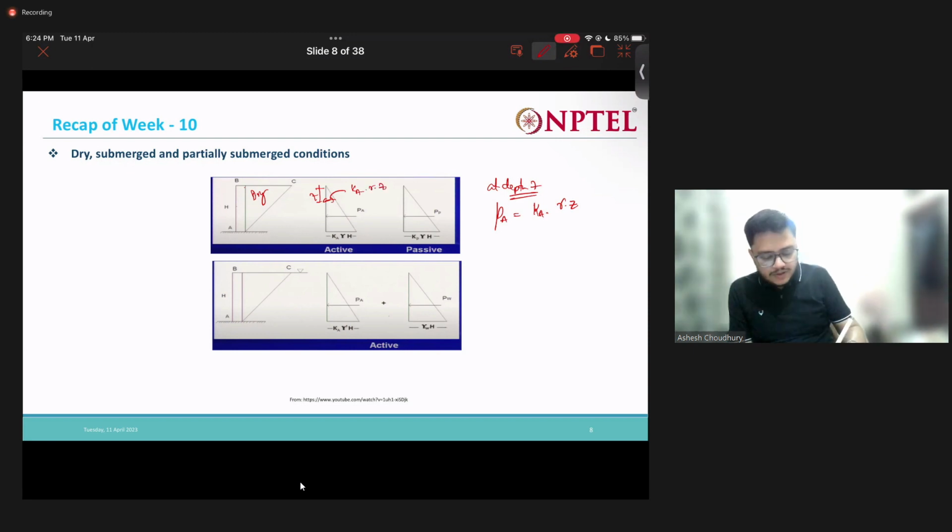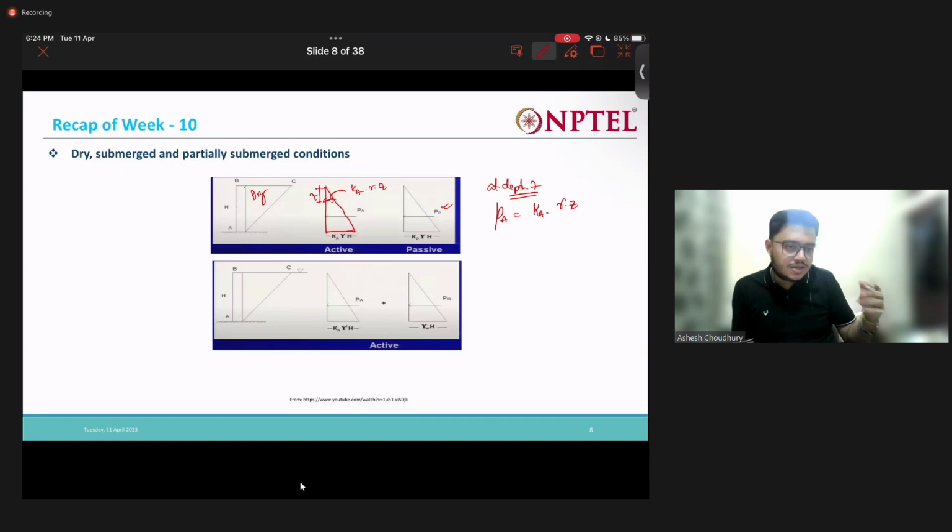Similarly the same case with the PP, and obviously we will be getting a triangular variation, same as our hydrostatic pressure. Similar to that, we will be getting a triangular variation of stress like this.